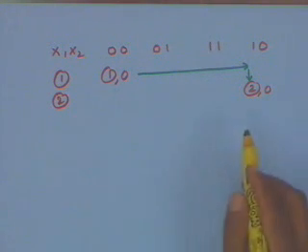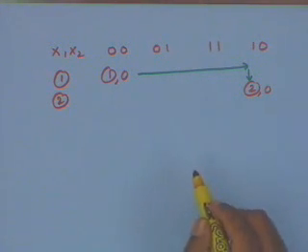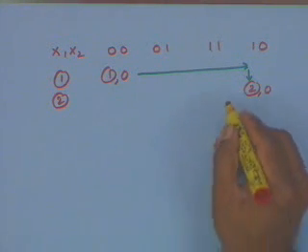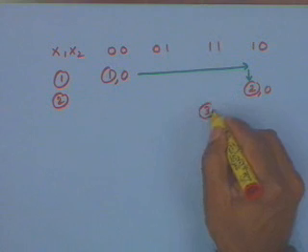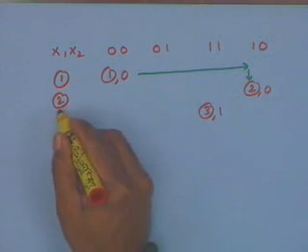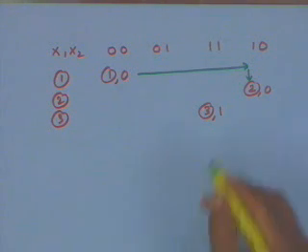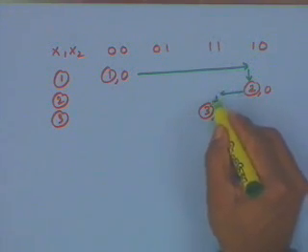Once I have this, the next change is that x2 is also becoming 1. So that means I am going to go to 3 1, and this is corresponding to change.